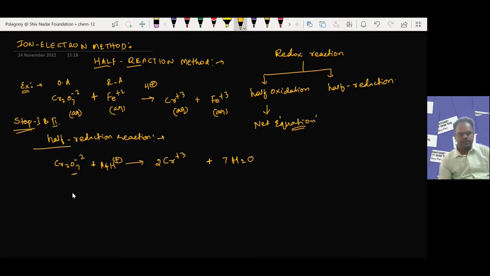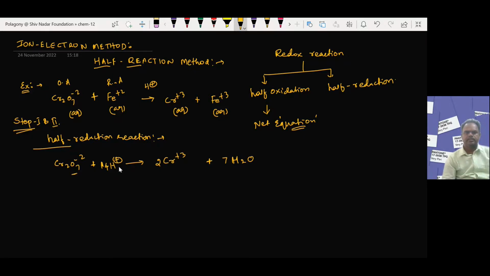Now check the charges after adding the H+ ions. The charge here is -2 plus 14, so 12 positive charges on the left, and 2 into 3, 6 positive charges on the right.